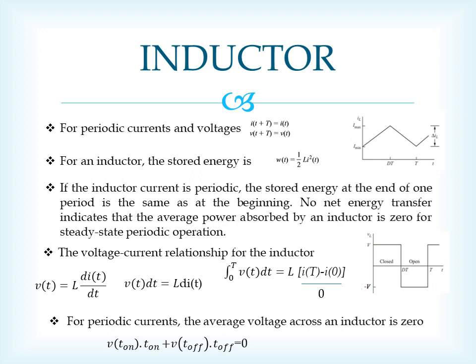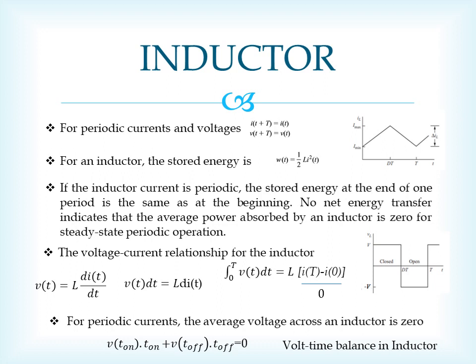It can be written as the value of voltage for on time into the on time duration, plus the value of voltage for off time into the off time is equal to 0. This is popularly known as volt time balance in inductor.